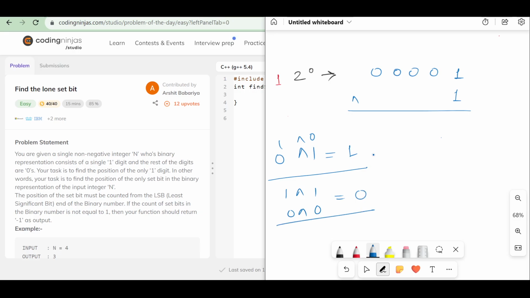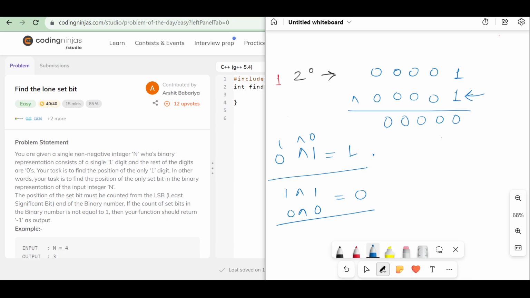So the whole number will become 0 when our 1 is below the set bit in the given number. Here the set bit is present only at the first position, so our whole number will become 0. All other bits are 0, corresponding bits are the same, and the bit in which the set bit is present will also become 0 because I am doing XOR operation with my 1.